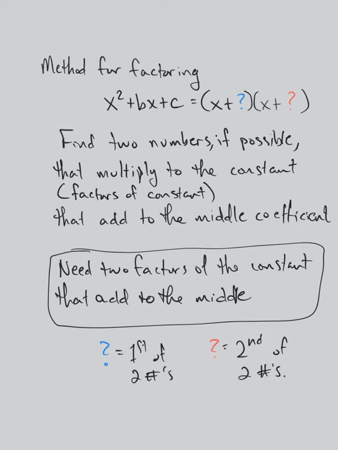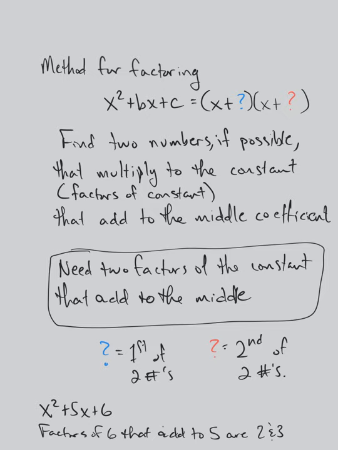Okay, like that. So just if you're having trouble seeing, let's go back to that x squared plus 5x plus 6. Okay, so two factors of 6 that add to the middle are 2 and 3. Okay, so that's these two numbers that I'm referring to up here and there.